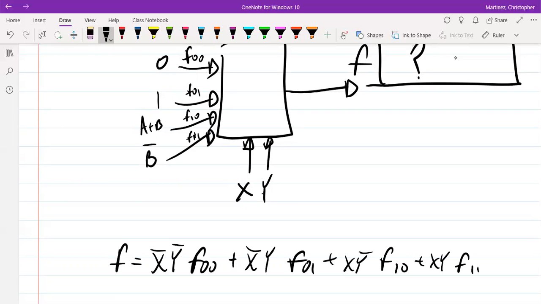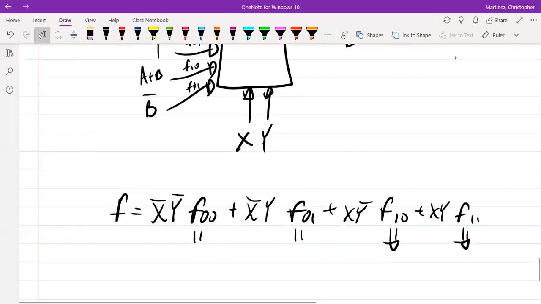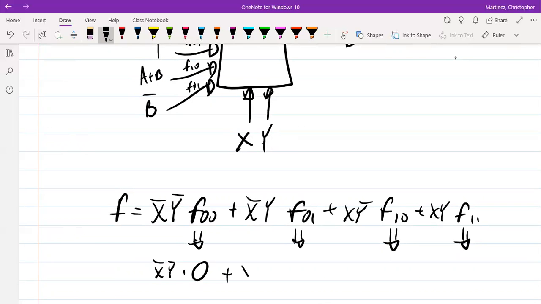Then we can just substitute in, what do we know each of these equations of F00, 01, 10, and 11? What did they form up? So let's substitute back into them. F00 was a 0, so I got X bar, Y bar, and it was a 0. X bar Y ANDed with a 1, plus X Y bar ANDed with A plus B, and then X and Y ANDed with B bar.